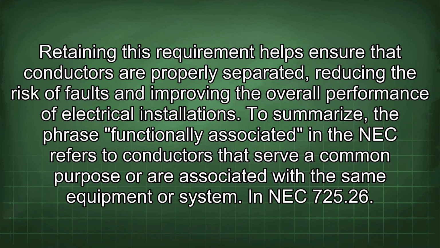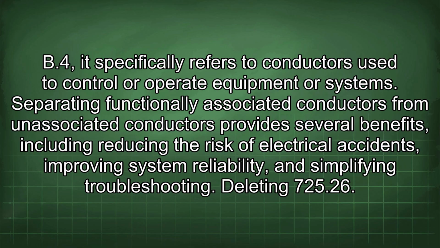Retaining this requirement helps ensure that conductors are properly separated, reducing the risk of faults and improving the overall performance of electrical installations. To summarize, the phrase functionally associated in the NEC refers to conductors that serve a common purpose or are associated with the same equipment or system. In NEC 725.26(B)(4), it specifically refers to conductors used to control or operate equipment or systems.